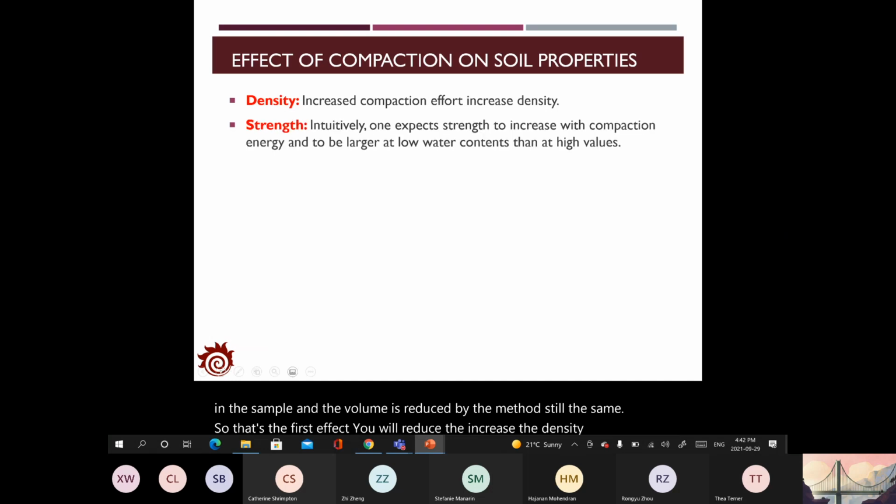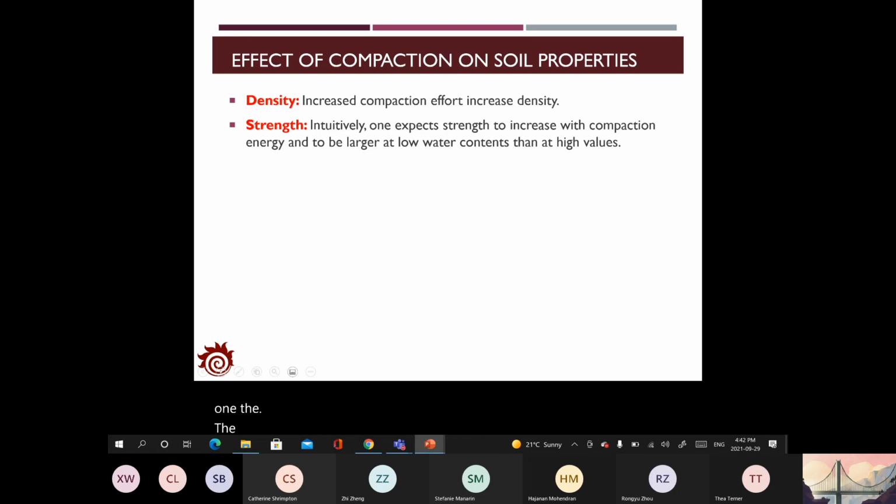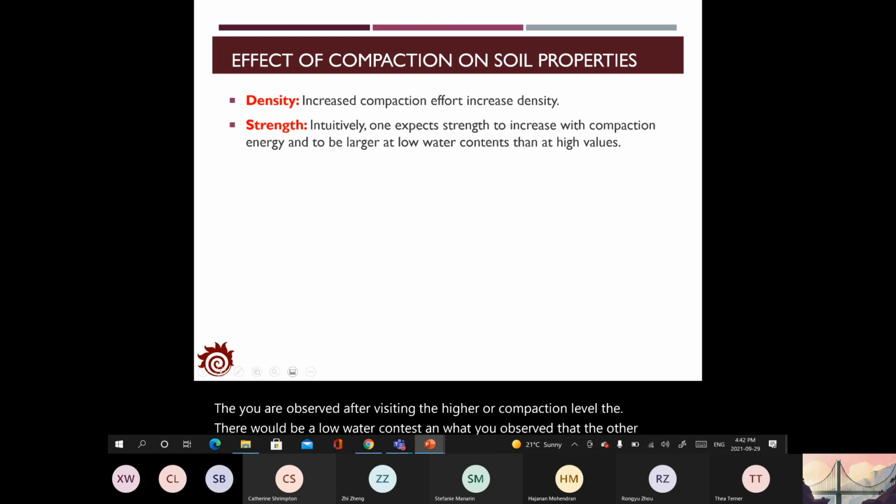The second one, you will observe that with a higher compaction level, there would be lower water contents, and the strength will be higher, especially the strength of the sample at low water contents. This one is quite similar to the stiffness. It will have more capability to resist the traffic load.